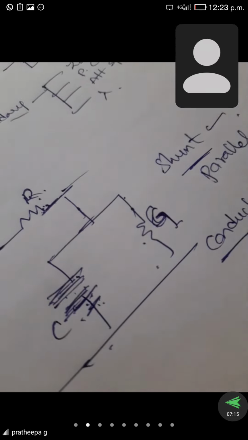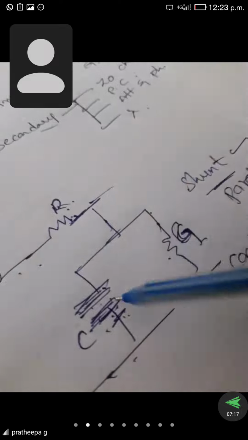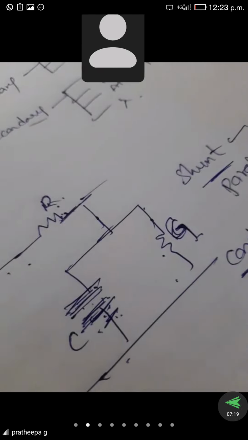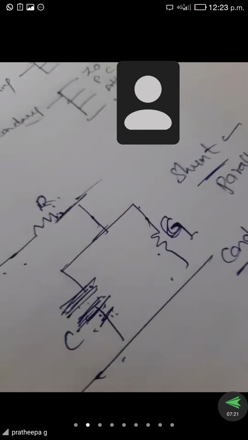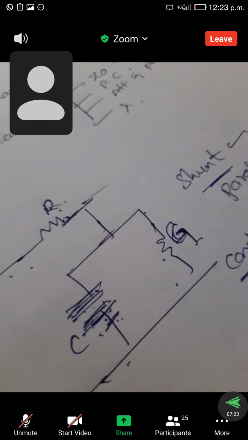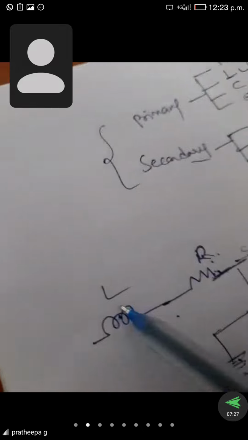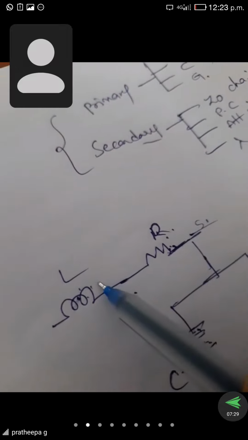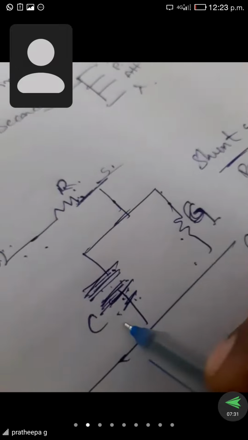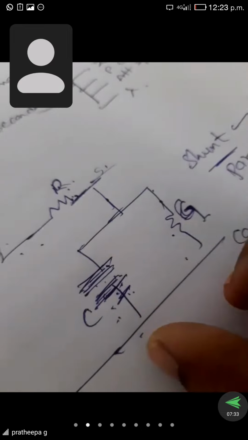4 definitions: R, L, C, G. Clear? R means series resistance. L means series inductance. C means shunt capacitance between two wires.